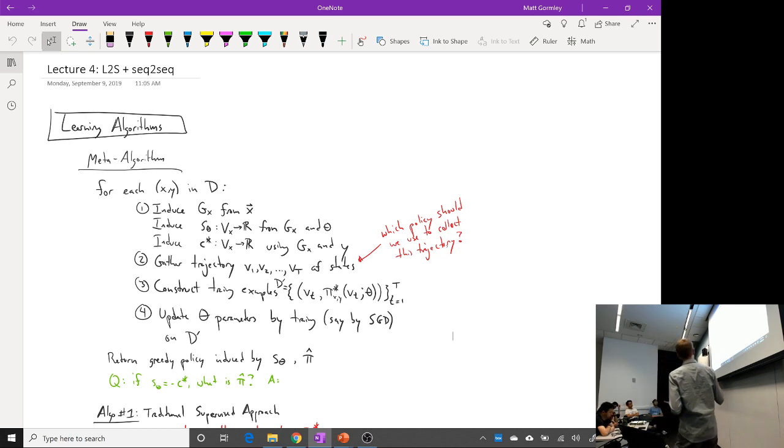Okay, so in general, we won't know what C star is, except on the training examples, right? So at test time, our S theta won't equal negative C star, but hopefully it will have learned to behave similarly to C star, and we'll predict something that's at least close to pi star.